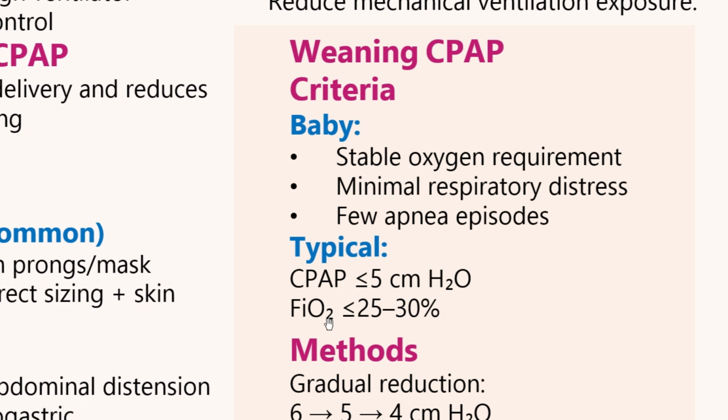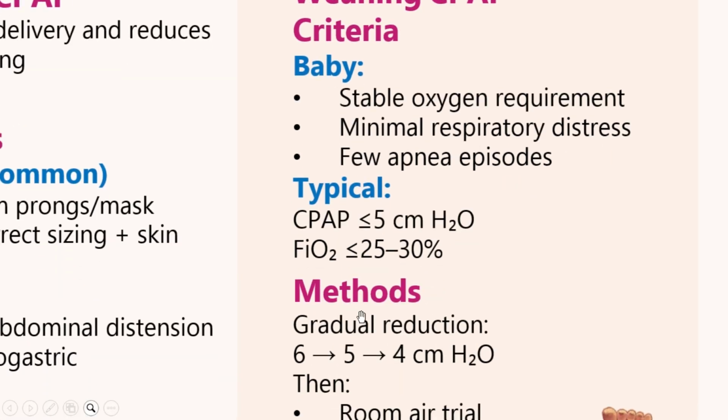Now, all the times, we are not giving 100% oxygen. We are giving a percentage. And the thing is, oxygen is also toxic. You don't want to give a lot of it. So if the fraction of inspired oxygen, the amount of oxygen you're delivering to this neonate, is less than 25-30% and they are able to still saturate well, then we go ahead and start the gradual reduction.